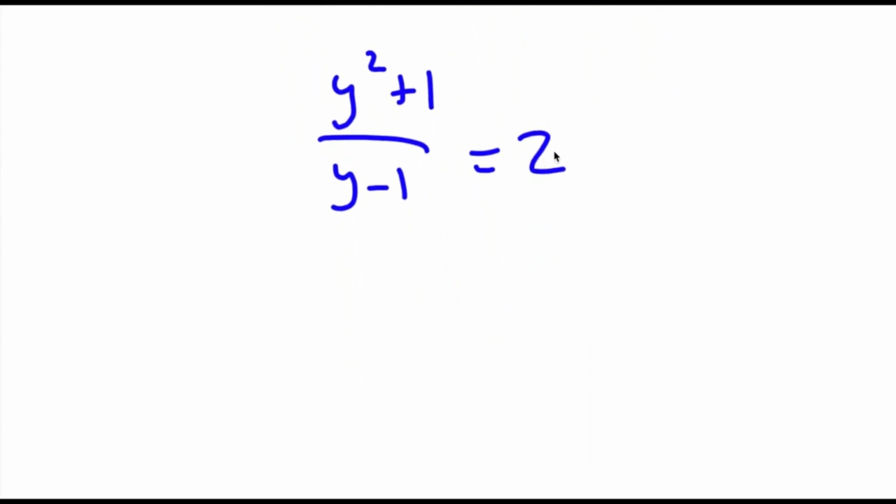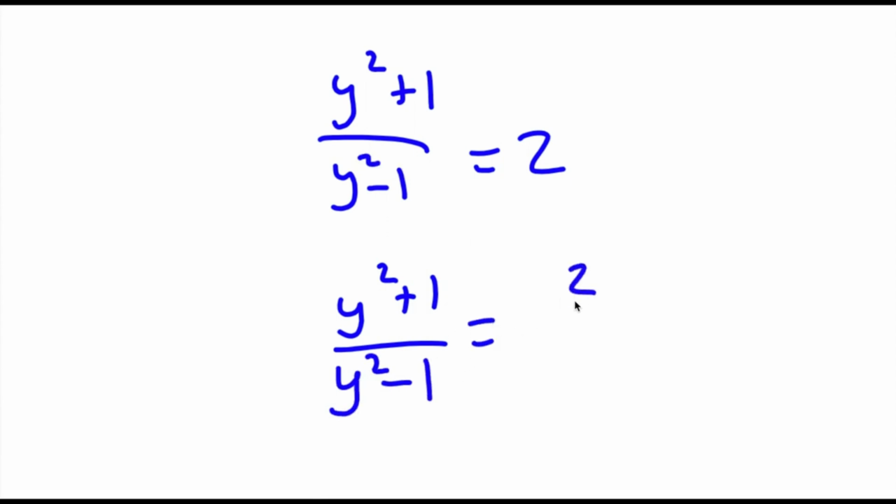Now 2 here is the same thing as 2 over 1, so now I have y squared plus 1 over y squared minus 1 is equal to 2 over 1.